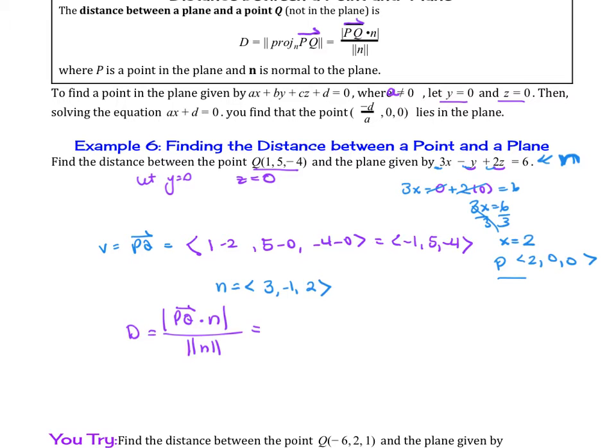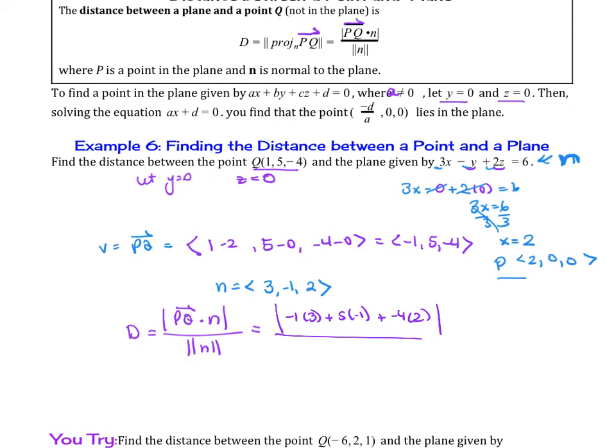PQ is this here, and we multiply it by 3, negative 1, and 2. So this is negative 1 times 3 plus 5 times negative 1 plus negative 4 times 2, in absolute value, so it's positive, since distance is positive.